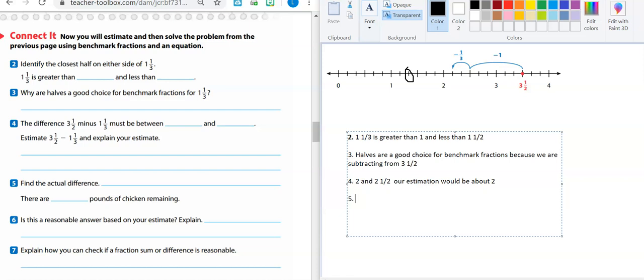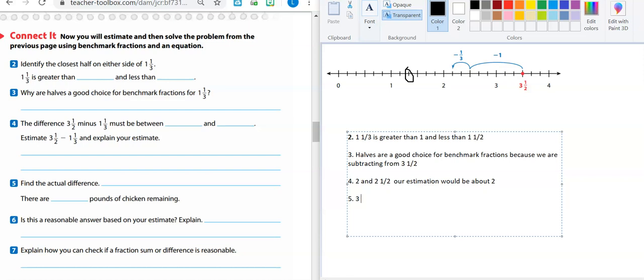Let's go to 5. Find the actual difference of 3 3/6 minus 1 2/6. As previously stated in the video, we identified that that answer will be 2 1/6. So you will go ahead and show your work that we did on the previous page in this area right here.